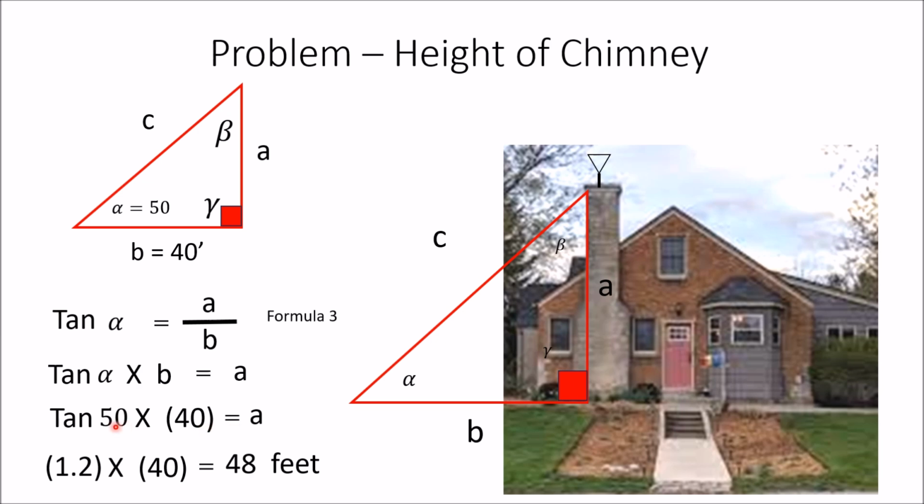So the tangent of 50 times 40 equals A. The tangent of 50 turns out to be 1.2, and multiply that times 40, and we get 48 feet. So the height of the chimney in this example is 48 feet. So if we need a wire to go from the antenna down to the ground, we need at least 48 feet.